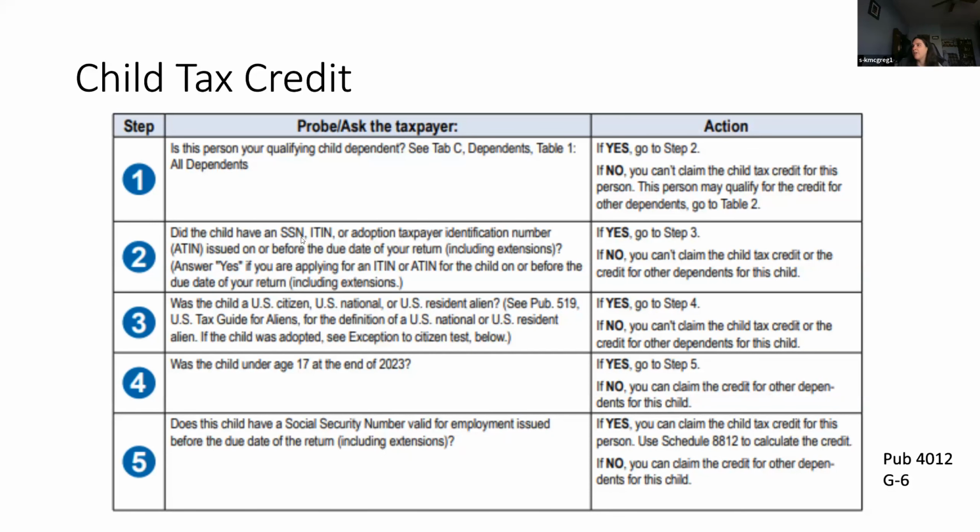What type of ID does the child have? Was the child a US citizen, national, or resident? Were they under 17? And does the child have a social security number? So we can go through the steps, and that'll help us determine if they're considered for the child tax credit or not.